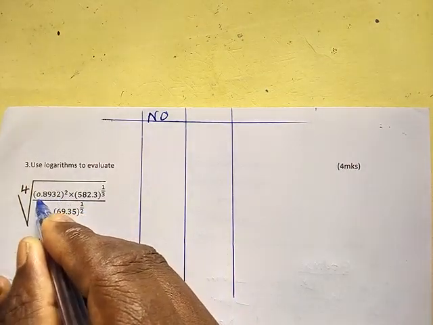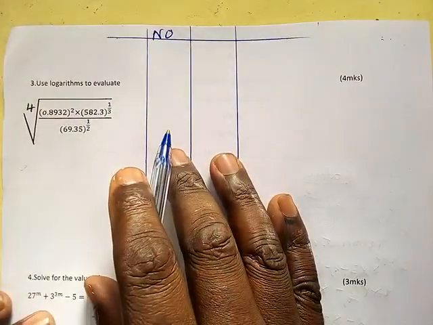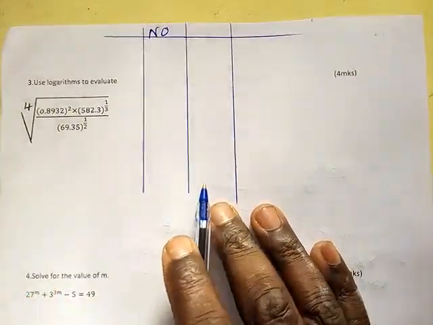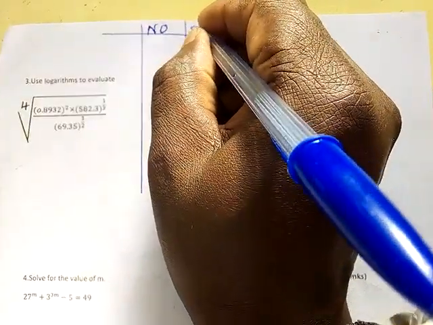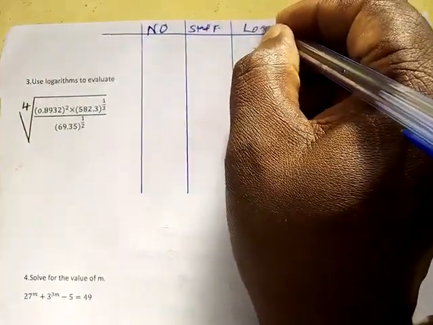Numbers like 0 point, this one, we cannot get in the table, therefore we must write it in standard form. So this one is standard form, and then this one is the log.